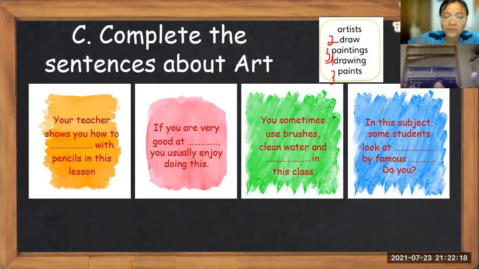Now we'll check this. The first one, your teacher shows you how to draw with pencil in this lesson. Con nhìn giúp cô tại sao lại là draw mà không phải là drawing nhỉ? Tại vì trước đó là một động từ to rồi, là to verb, to sẽ không đi với verbing, đúng không?